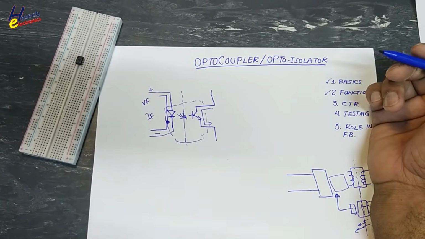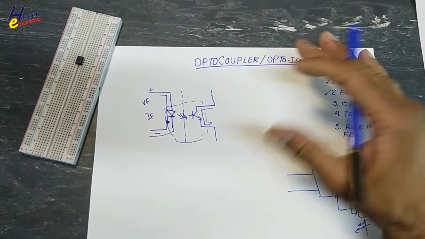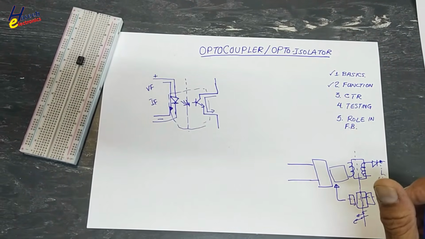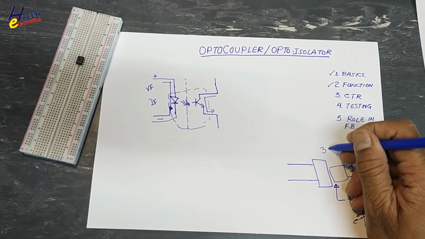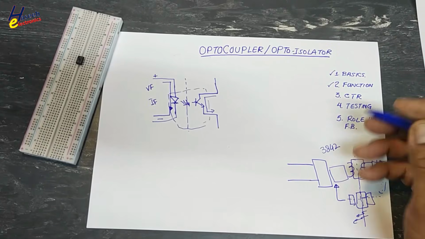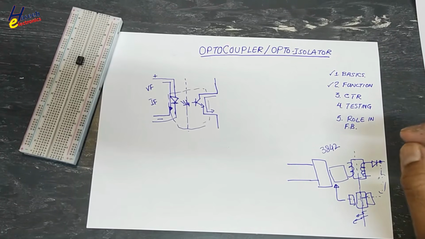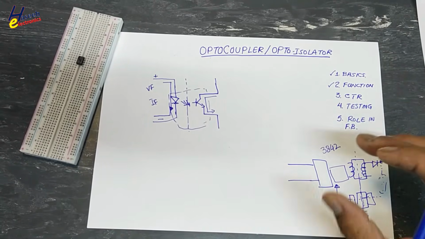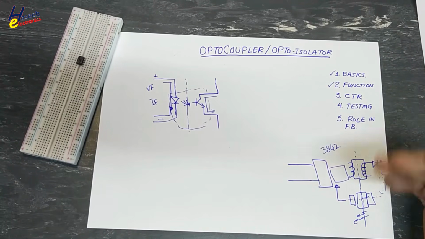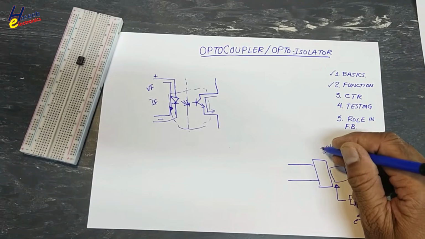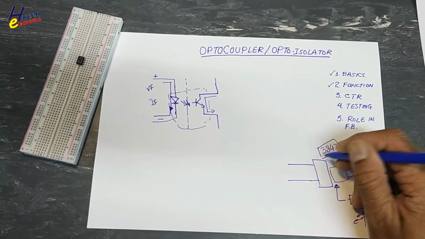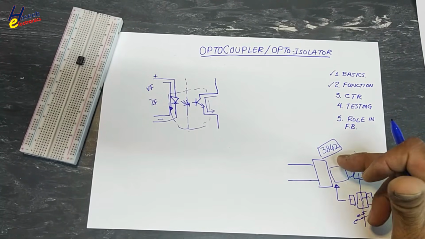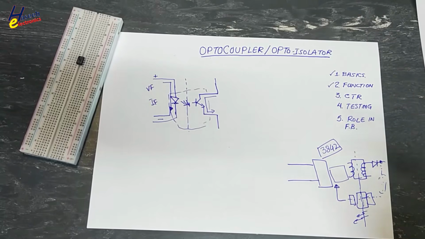CTR, current transfer ratio. When we are discussing any power supply, just for example, we say 3843 ICs, 3842, 3845, depending on switching frequency, at which frequency we are designing any converter, error amplifier for that IC will respond to this speed, that how quickly it will change its switching cycle.